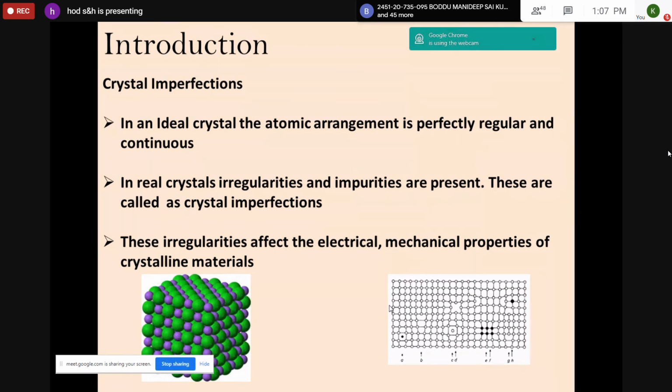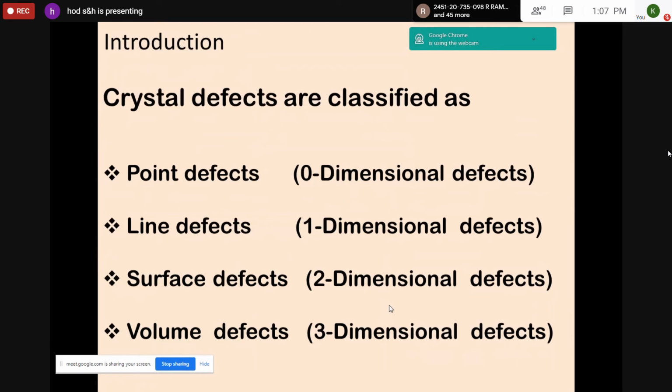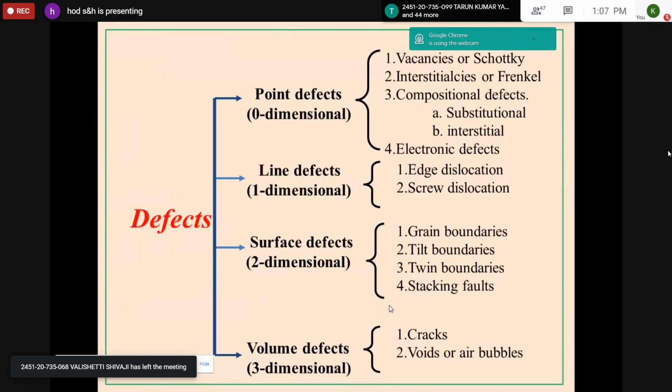If it extends to three dimensions, these are called volume defects. So in a broad way, they are classified into zero-dimensional, one-dimensional, two-dimensional, and three-dimensional, or point defects, line defects, surface defects, and volume defects. Again, point defects are subclassified into vacancies or shortly defects.